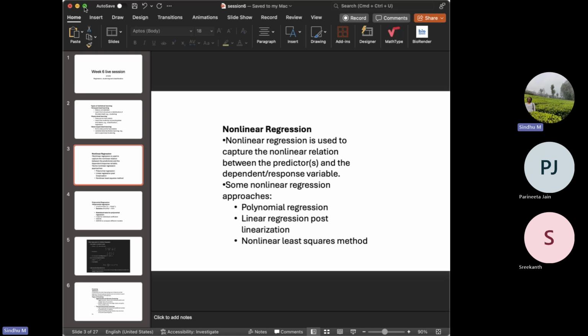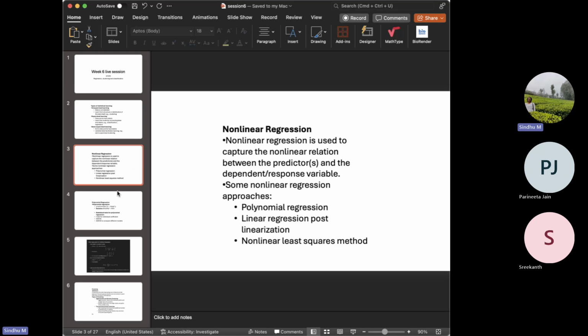Linear regression can be used when there is a linear relationship between the variables, but not always will two variables have a linear relationship. If the relationship is not linear, maybe it is quadratic or polynomial, then we have to use nonlinear regression.